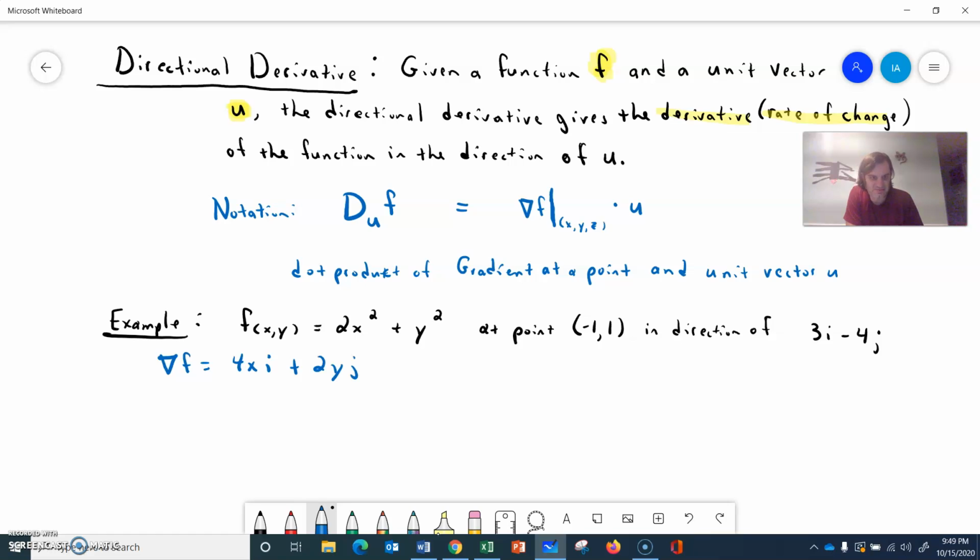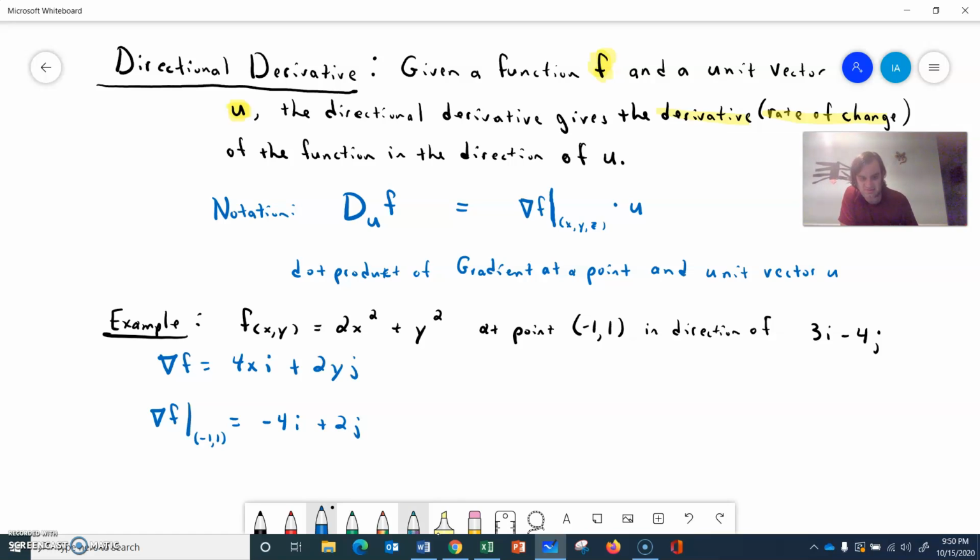That's the partial of f with respect to x i plus the partial of f with respect to y j. And then we need to evaluate that at the point we were given, negative 1, 1. So we will have a definite gradient. That will give me negative 4i plus 2j. So that's the gradient.